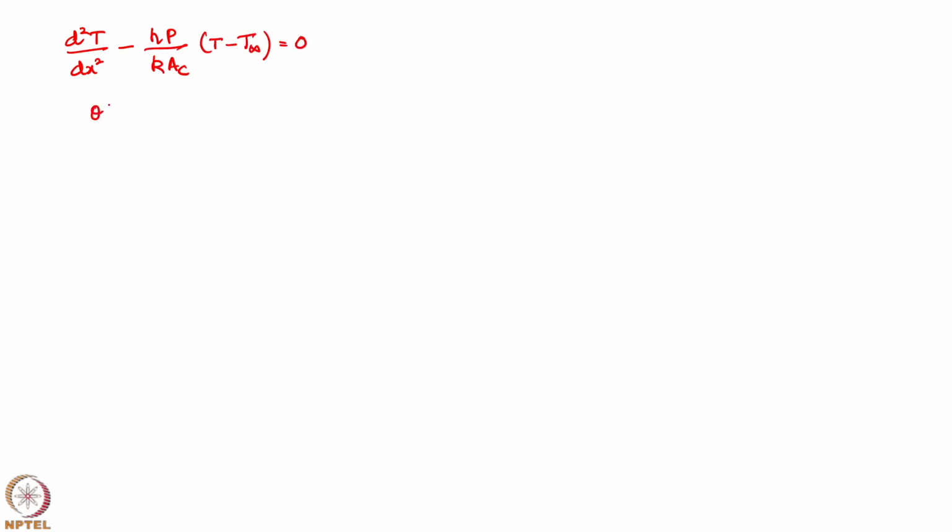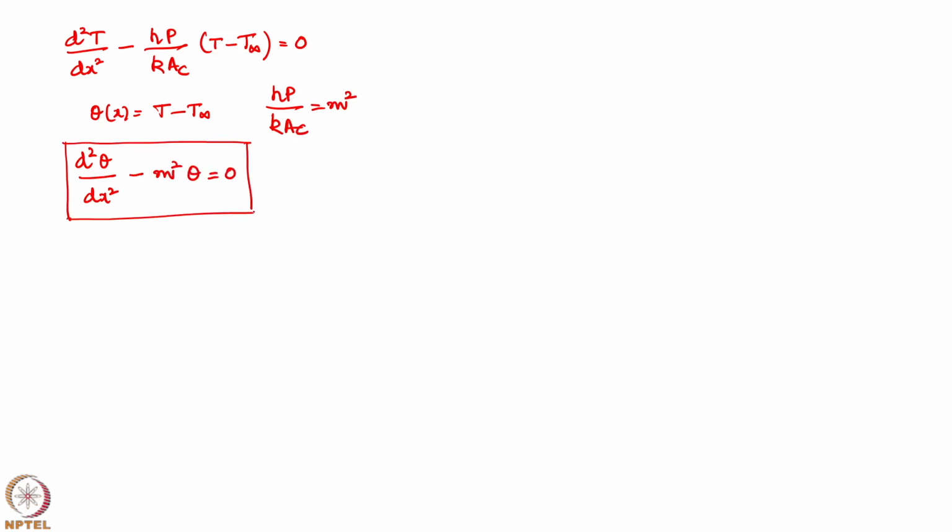If I replace theta of x as T minus T infinity, remembering T infinity is constant, I can write this as d squared theta by dx squared, and I write hP by k Ac as m squared. So, minus m squared theta equals 0. This is a second order linear homogeneous differential equation.